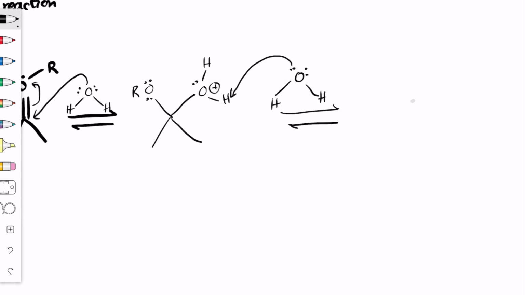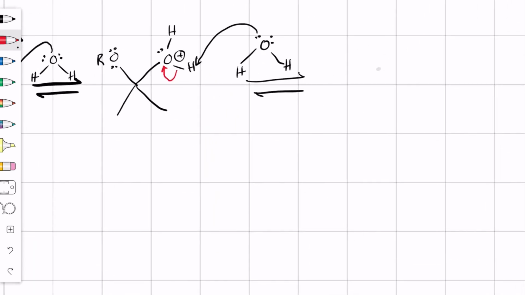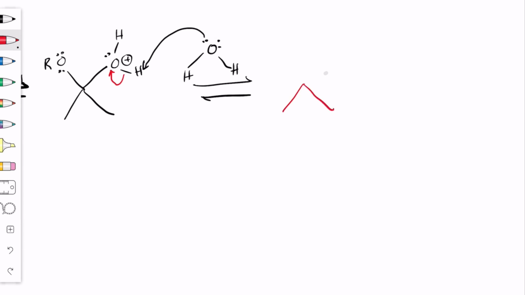So it attacks the H group, and the H donates its electrons back to oxygen, resulting in the formation of OR, and on this side you have OH. So notice that there is an OH group and an OR group, because this is removed.